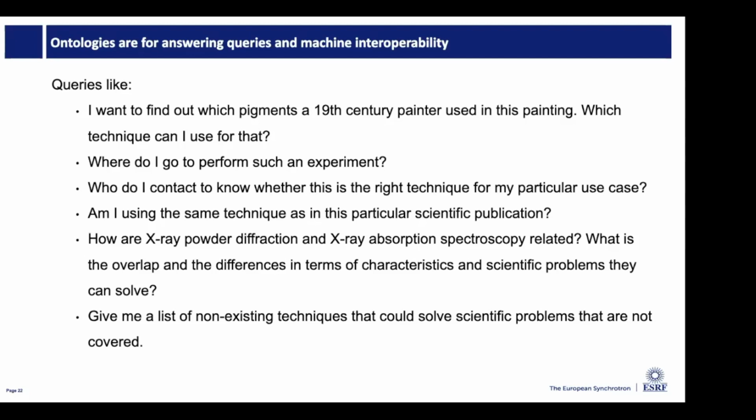But I want to find which pigments a 20th century painter used in this painting, which technique should I use. These questions actually came from scientists, and we were trying to see what kind of data and knowledge we need to collect, what kind of ontologies we need to connect in order to have answers for these complicated queries.